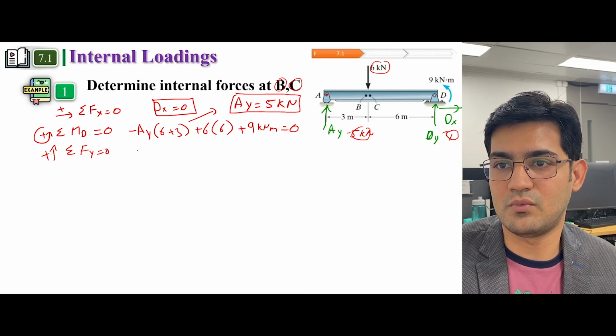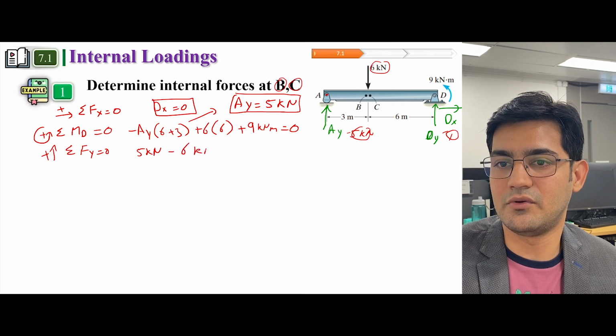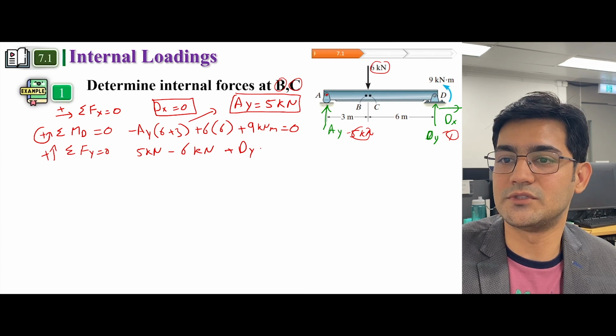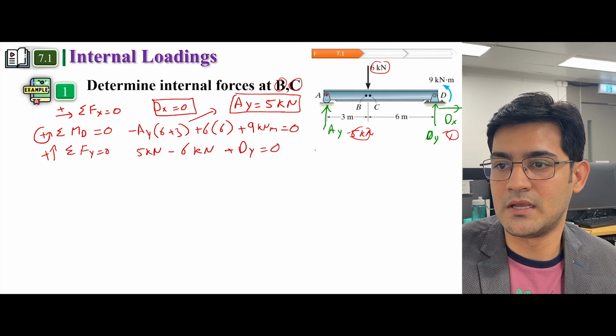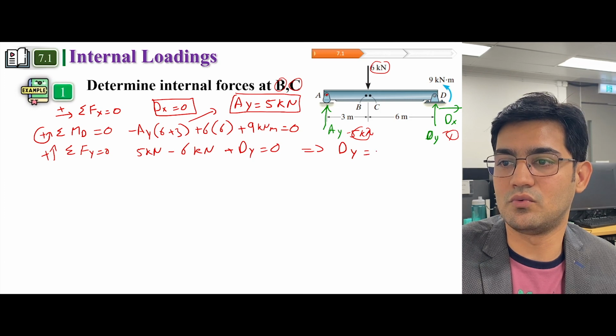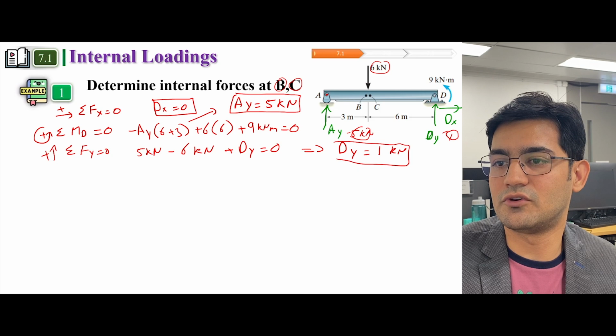So AY is 5 kilonewton positive, minus 6 kilonewton because it's acting downward, plus DY, which is acting upward, is equal to 0. This gives us DY is equal to 1 kilonewton. So we have all the forces.